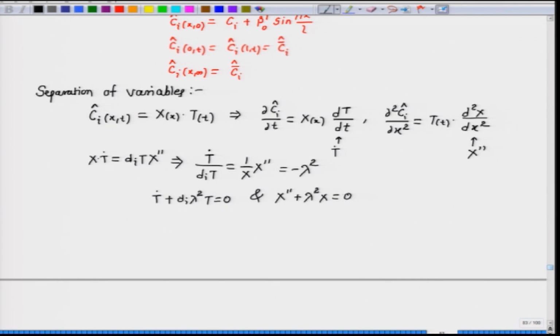The solution for the first one can be expressed as T equal to T naught exponential minus lambda square di t, and the solution for X can be expressed as X equal to A prime cos(lambda x) plus B prime sin(lambda x). If we substitute these solutions in the respective equations for T and X, you will see they will satisfy the two equations.